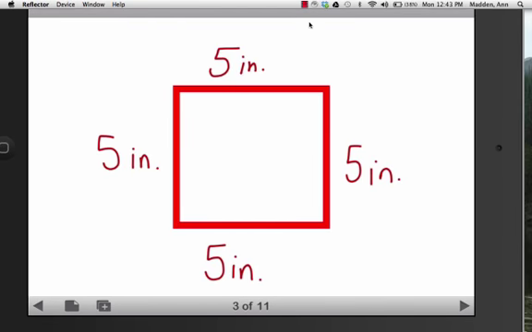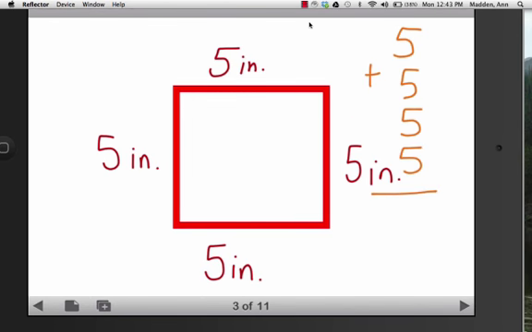Let's take a look at our first example. Here's a square. Each side is 5 inches long. In order to find the perimeter, you need to add up all the sides. 5 plus 5 plus 5 plus 5.